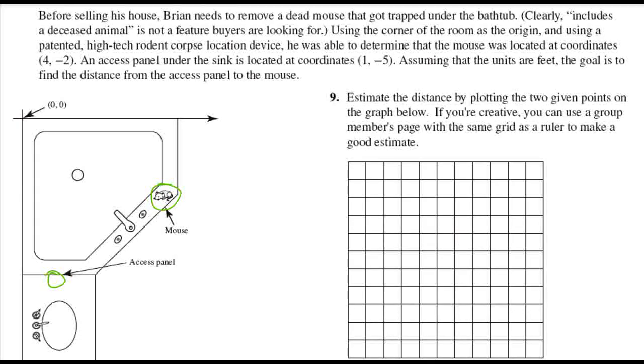So we go to the graph. 1, 2, 3, 4, and -2 is where the mouse is. 1 and -5 is where the access panel is. So we're actually trying to find this distance, the distance between those 2 points.